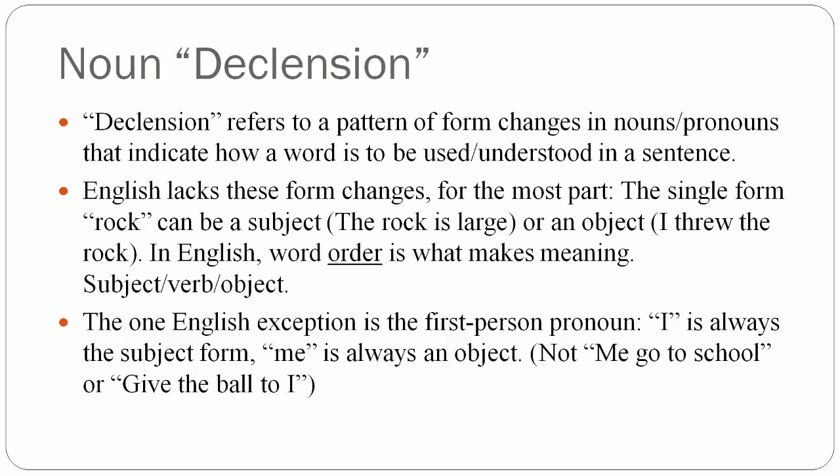You know, to ask a question, if I say, I am a man, okay? And if you ask a question, am I a man? Okay, you switch the subject and verb, but that's in a question.